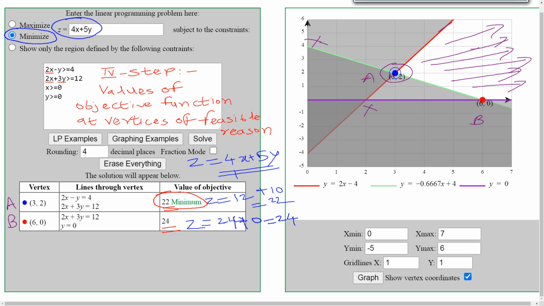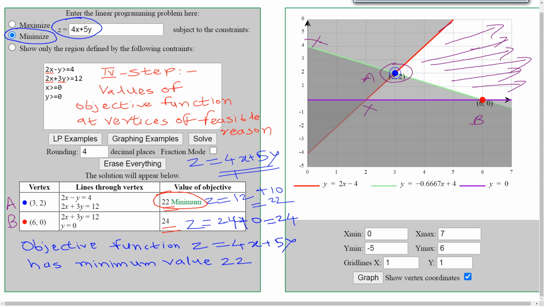Hence, the final solution of the linear programming problem is that the objective function z is equal to 4x plus 5y has minimum value 22, and it is obtained at the point (3, 2). So the final answer is that the objective function z is equal to 4x plus 5y has minimum value 22 at the point (3, 2).